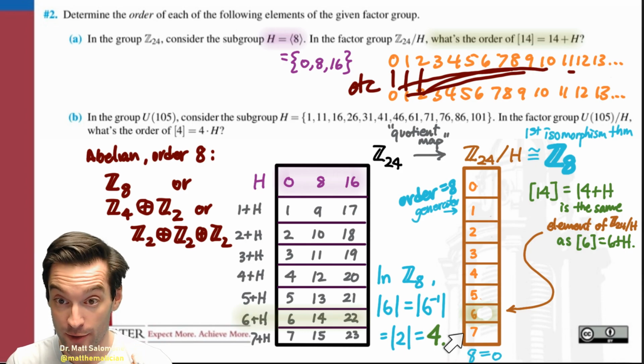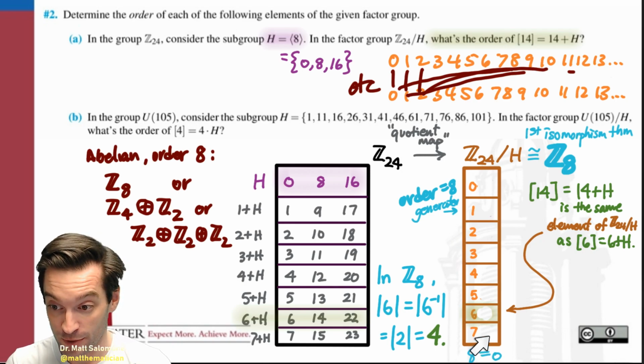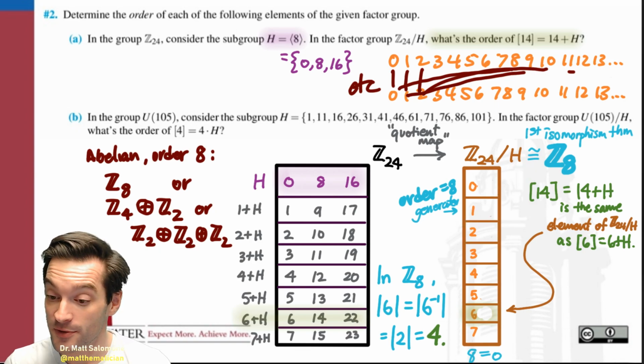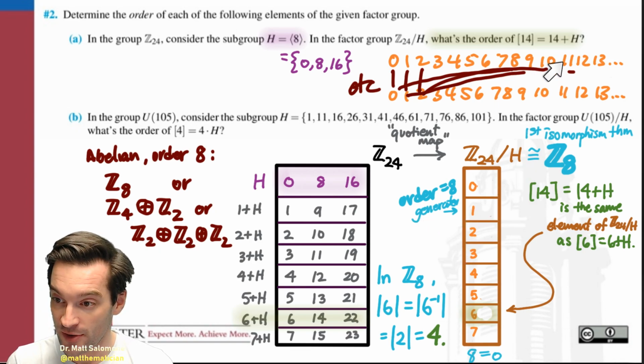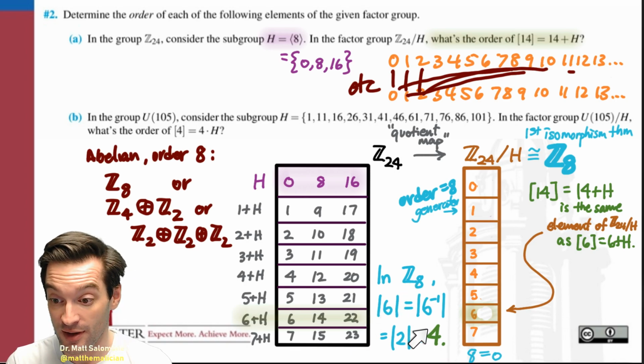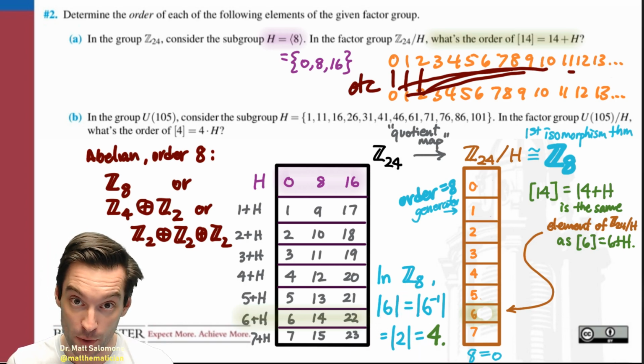It can generate all the others, because 1 plus h added to itself is equal to 2, added to 1 plus h again gives me 3, and so forth. So because I had an element of order 8, this group ends up being cyclic, so it's isomorphic to Z8, and therefore the order of this element is the same as the order of the element 6 in the cyclic group Z8, which we know to be 4.